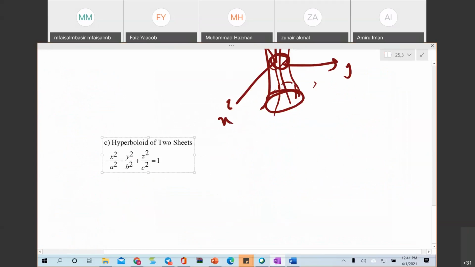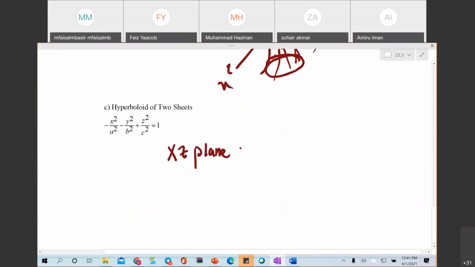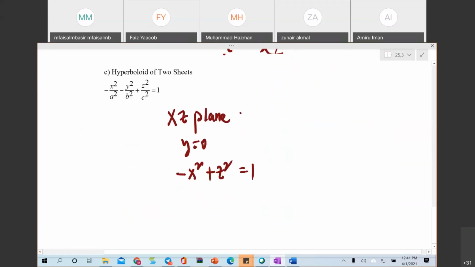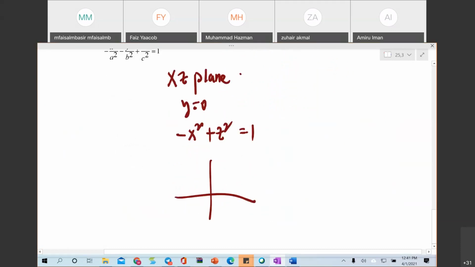Let's say I put the xz plane, y equals 0. So y equals 0 means negative x squared plus z squared. Let's say I put a, b, c equals to 1. So this is just zx, like this, right?